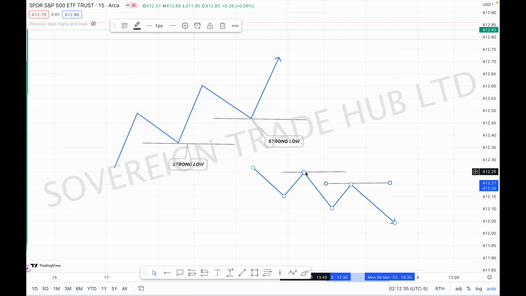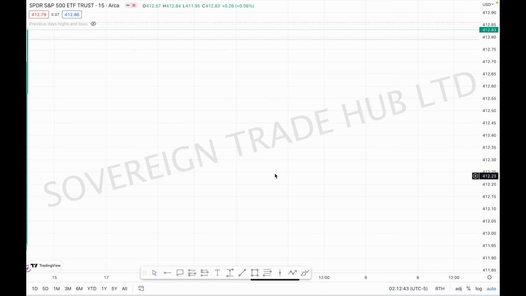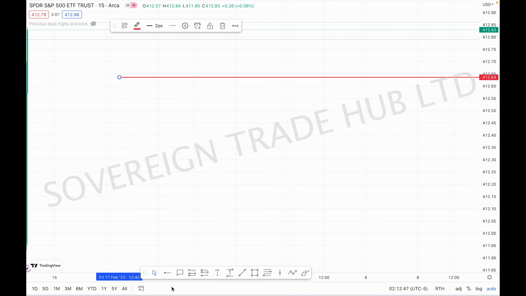Now, let me put up another scenario here. We're trying to determine structure within a structure. Let me say we'll have a market scenario of this nature.